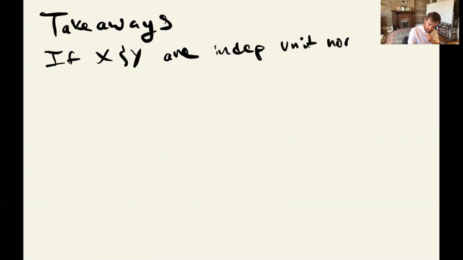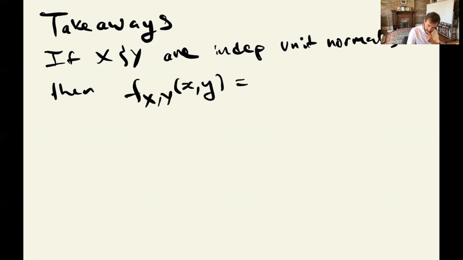If X and Y are independent unit normals, then the JDF of X and Y is 1 over 2 pi e to the minus x squared plus y squared over 2.